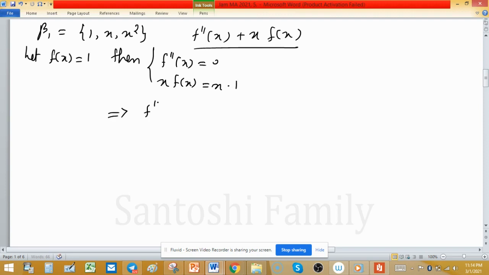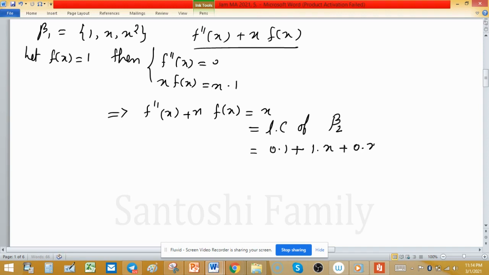This implies f double prime x plus x f(x) will equal x, and writing x as a linear combination of elements of beta 2, this means 0 times 1 plus 1 times x plus 0 times x square plus 0 times x cube. Therefore, the matrix representation of T has 0, 1, 0, 0 as its first column, and it comes from input 1.